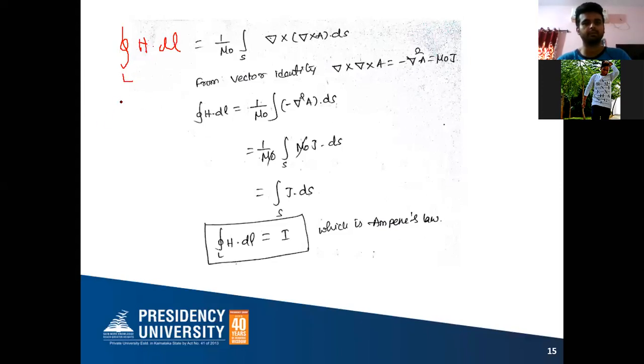So you can write it like this: B by mu naught into dl. 1 by mu naught is constant, it will go out. And B I can write as del cross A. So B equals del cross A into dl. Mu naught is constant, it will go out.